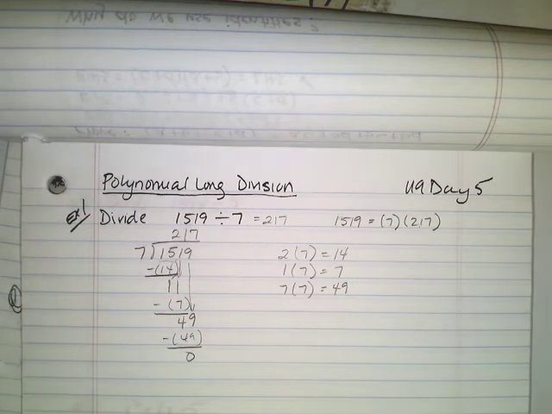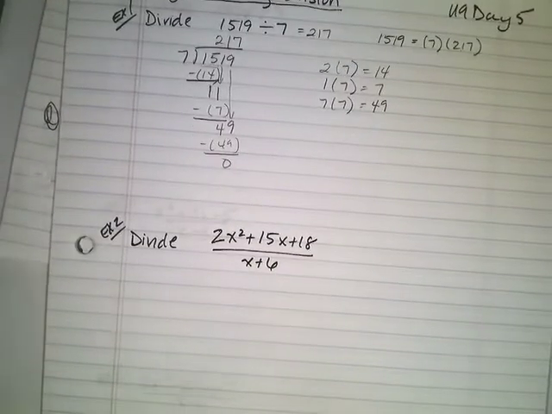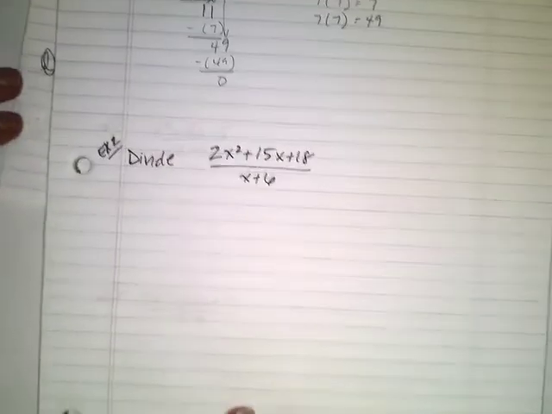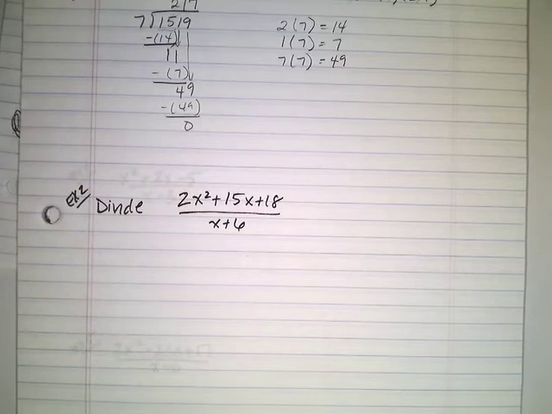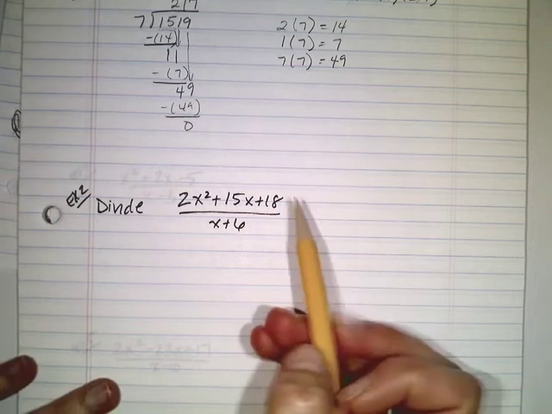So how does that apply for polynomial long division? Well, it's exactly the same thing. With polynomial long division, we're going to be looking at something like this, where the process is exactly the same. There's a little extra baggage that we're going to be bringing along with us, but it's really the same thing. So we set it up the same, right?